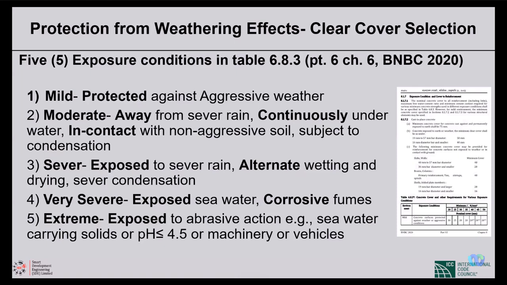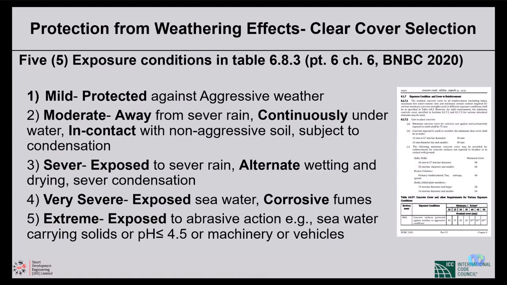protected against aggressive weather; moderate, away from severe rain, continuously underwater, in contact with non-aggressive soil, subject to condensation; severe, exposed to severe rain, alternate wetting and drying, severe condensation; very severe, exposed to seawater, corrosive fumes; extreme, exposed to abrasive actions, for example, seawater carrying solids or pH less than 4.5, and machinery or vehicles.